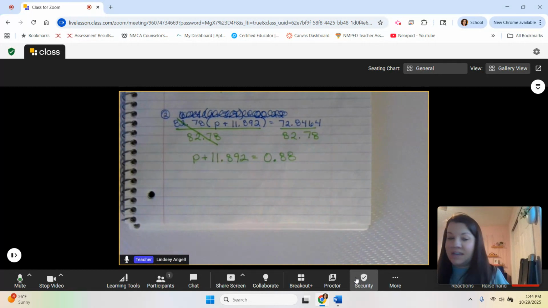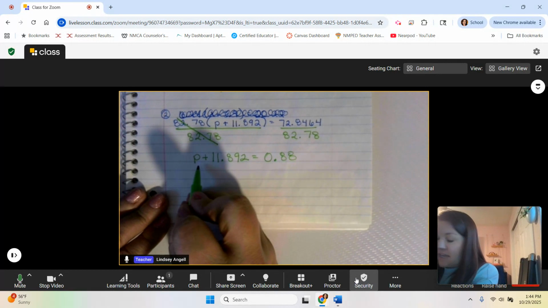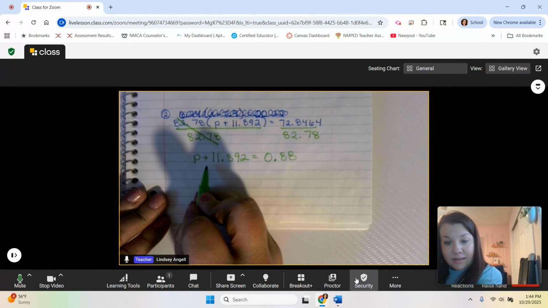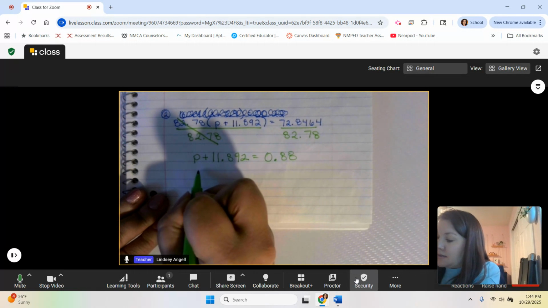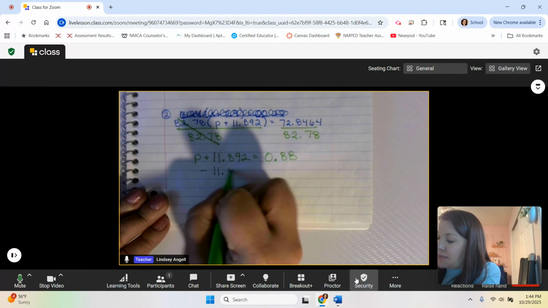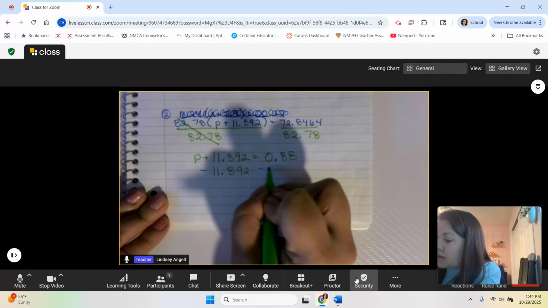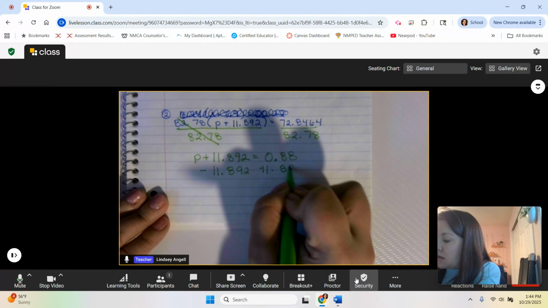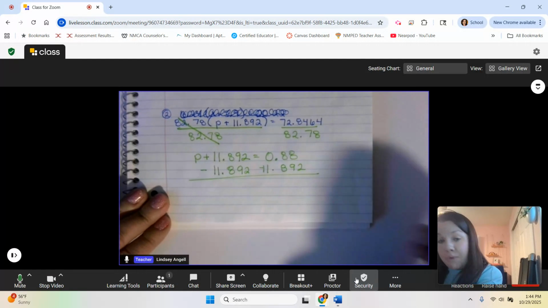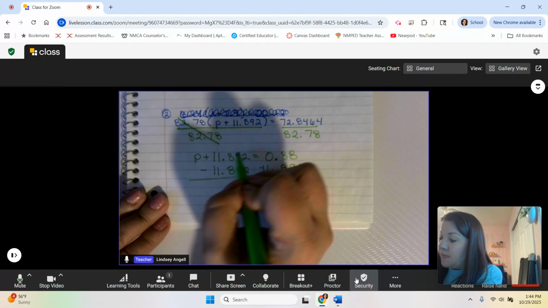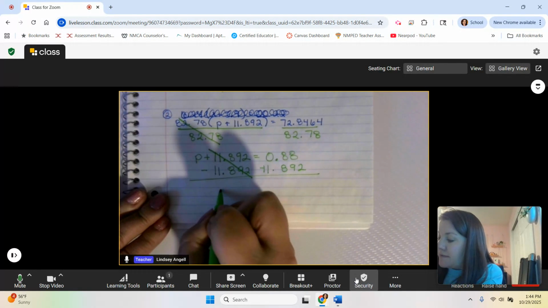Okay? So next, to get our variable by itself, we're adding 11.892. So to get rid of it, I'm going to do the opposite operation, which is subtraction. Do it from both sides of the equation. Those cancel over on the left.